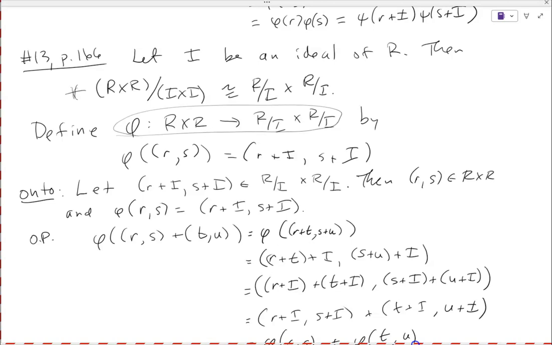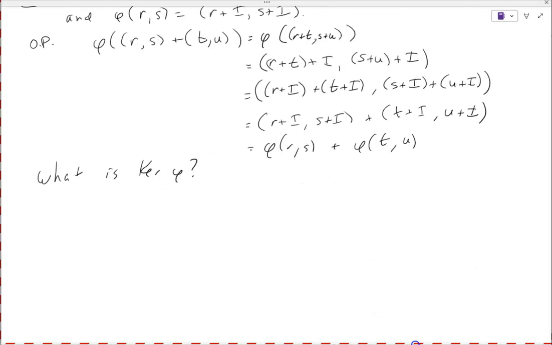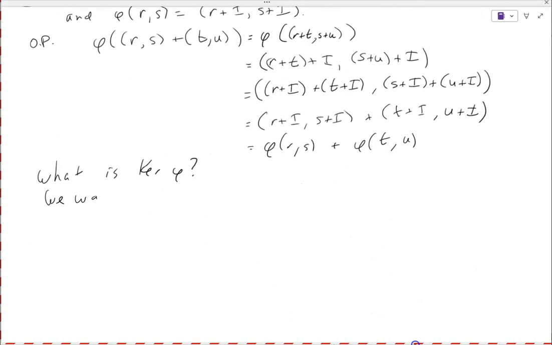So R, the ring, mod out by the kernel of the homomorphism, is isomorphic to this. Okay, so I want this to be the kernel. We want the kernel of phi to be I cross I. So I want them equal as sets.